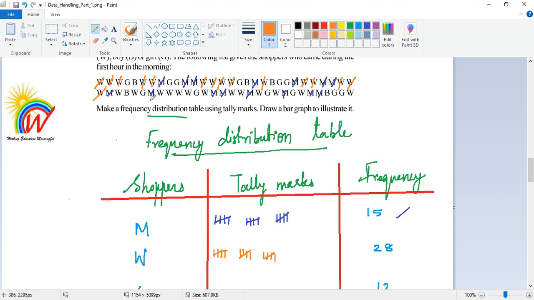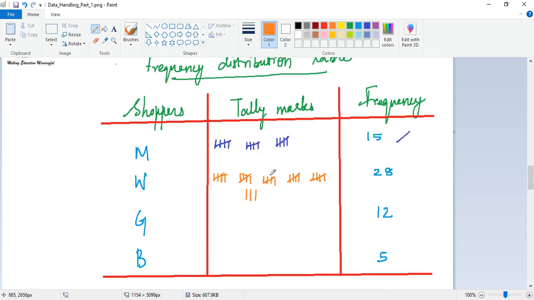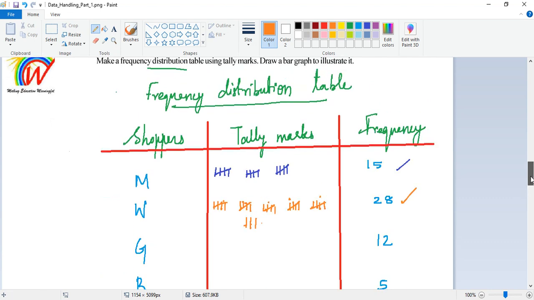Then again 1, 2, 3, 4, 5. Then 1, 2, and 3. That's all. So this is going to be 5, 10, 15, 20, 25, 26, 27, 28. So 28. Okay. So now we'll come to the next one.